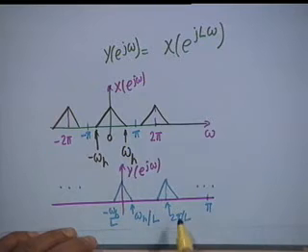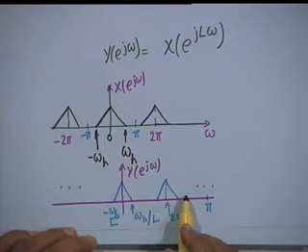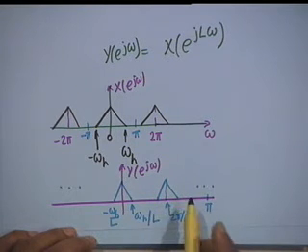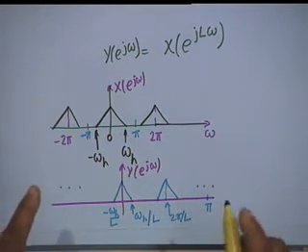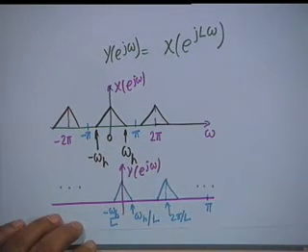In the upsampled version you get repetitions between 0 and pi, that is, in your basic range of vision multiple copies of the spectrum come in, and this creates problems in upsampling.